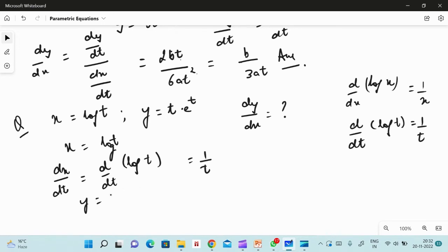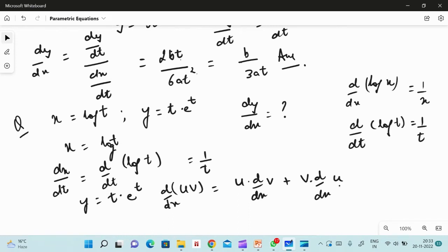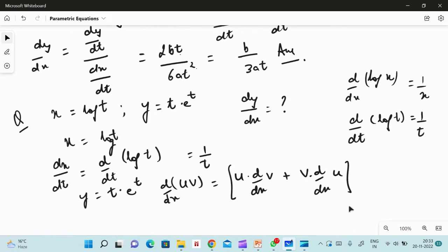In the same way, y is equal to t into e power t, right? So here we will apply the product rule. What is the product rule? If you remember, the derivative of uv is u into derivative of v plus v into derivative of u. So this is my formula for the product rule.